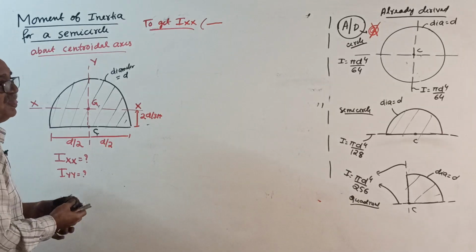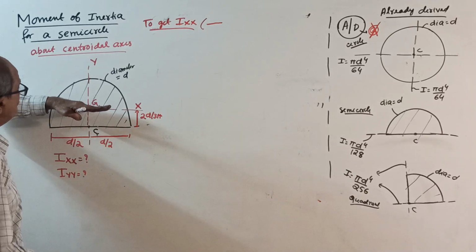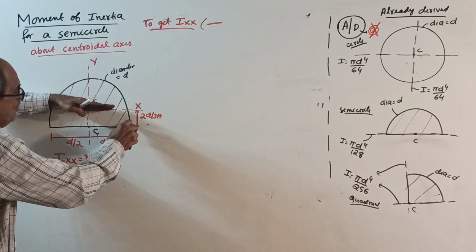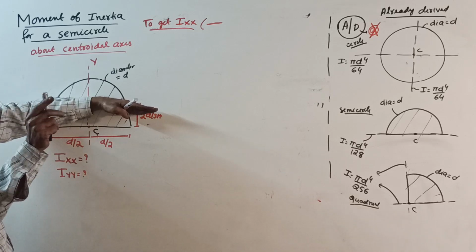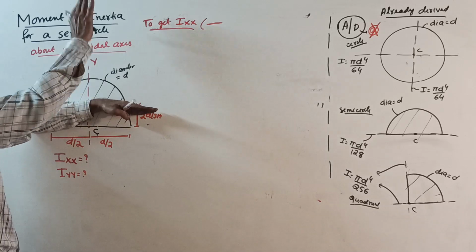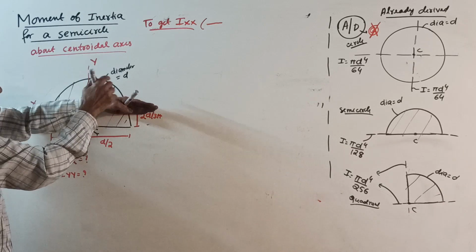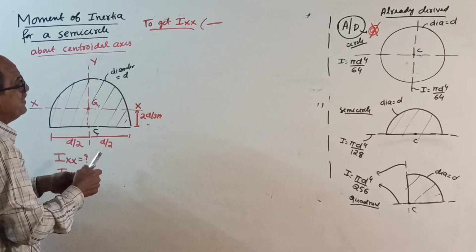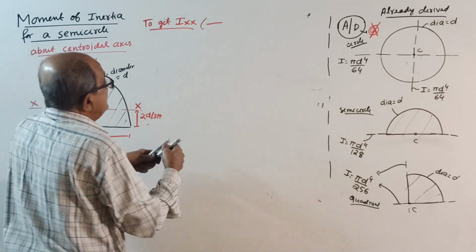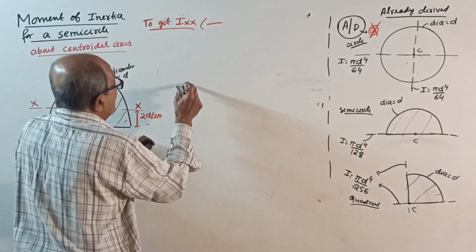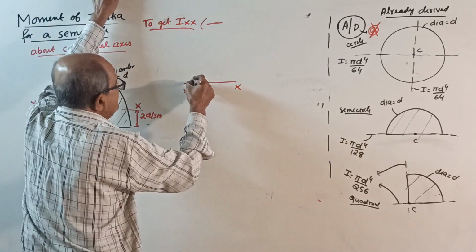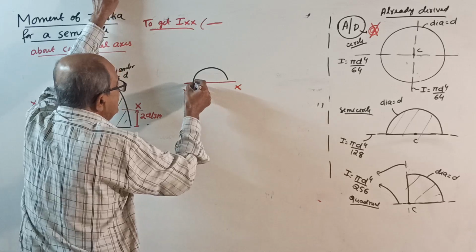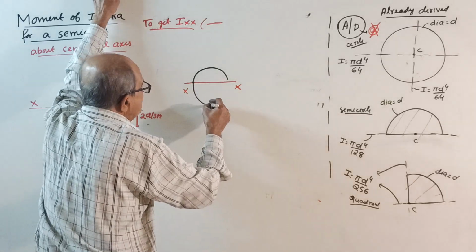Now here, there is no symmetry. If you introduce one more circle here about xx, it is completely different. You get some partial circle there, and it is completely wrong because you cannot divide by 2. If xx is here, the upper side is like this, the lower side is this way.